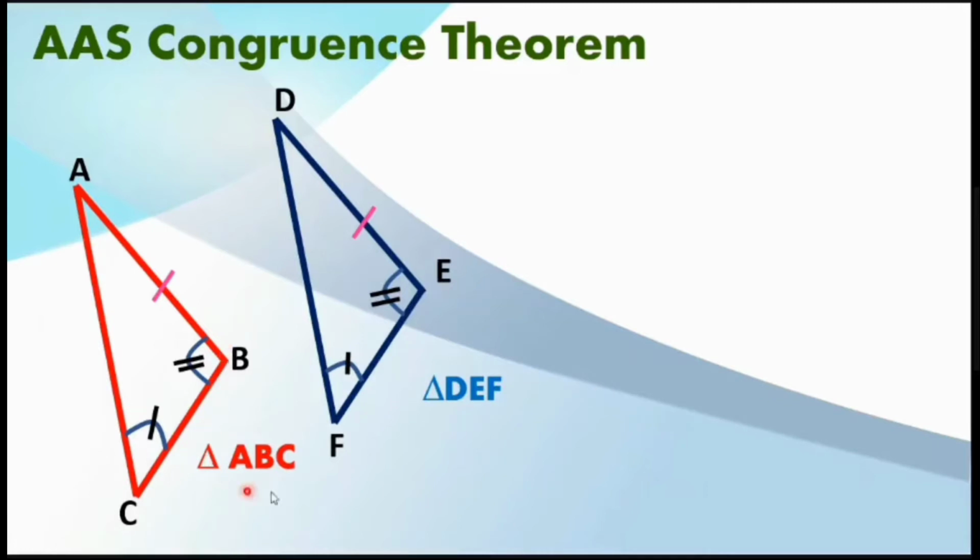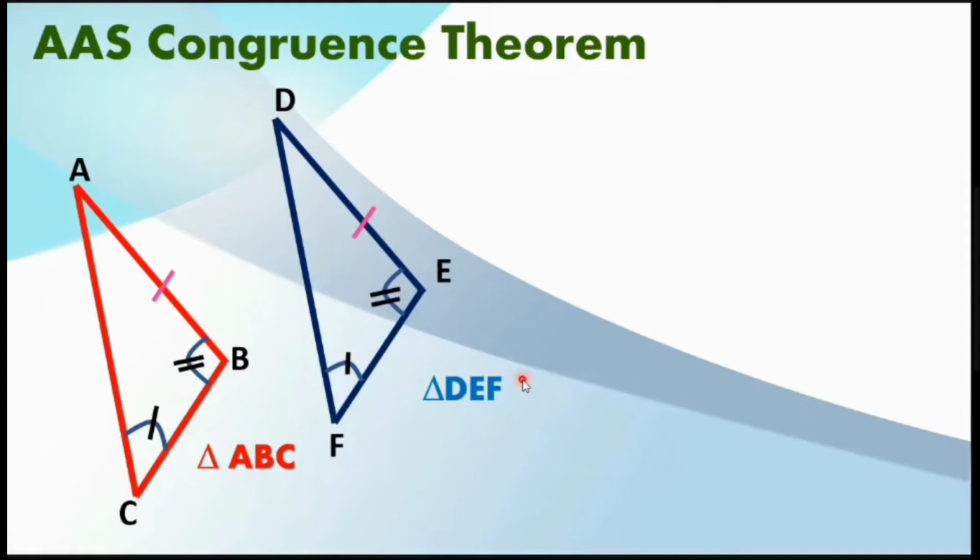We have triangle ABC, A, B, C. And we also have triangle DEF, D, E, F. Take note, kung paano natin pinangalanan yung first triangle should also be the manner or the way on how we name the second triangle.